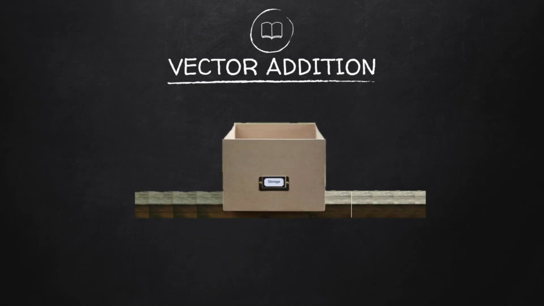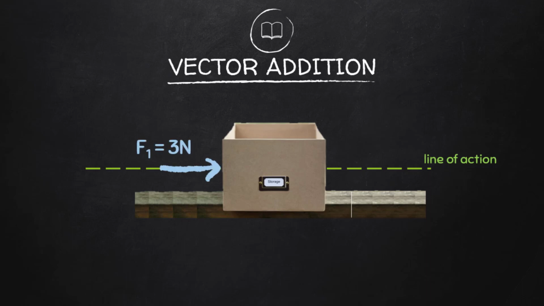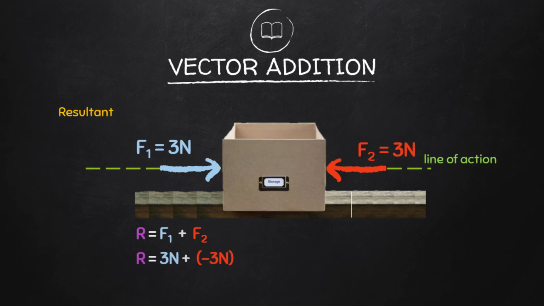Considering the same box and the force 1 that is pushing it to the right equal to 3 newtons, and another force 2 equal to 3 newtons that is pushing the box to the left. To find the resultant, we will use the same process. R is equal to F1 plus F2, but we will still consider the direction of each force.